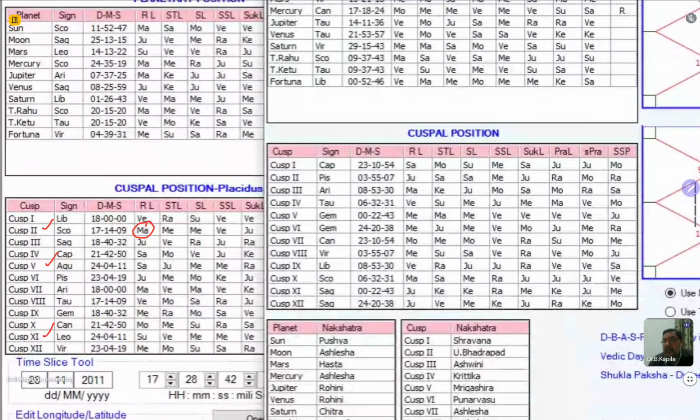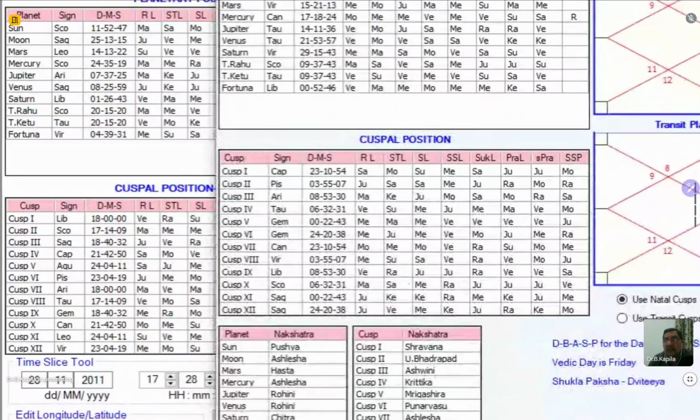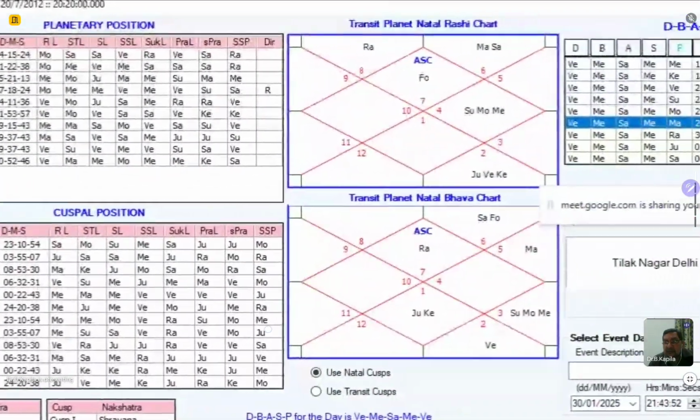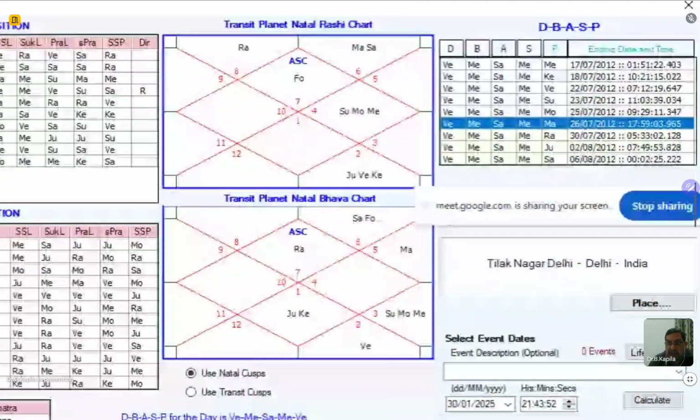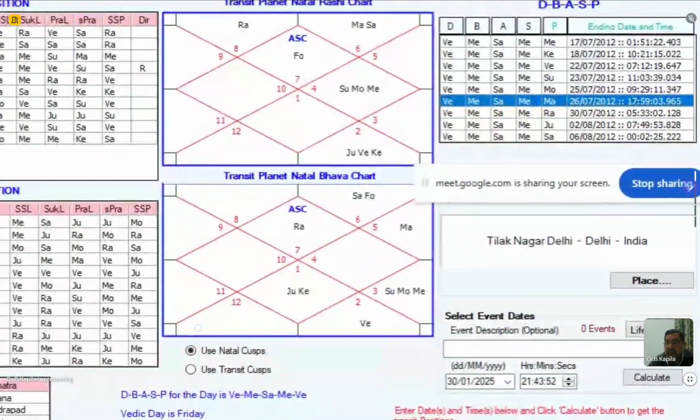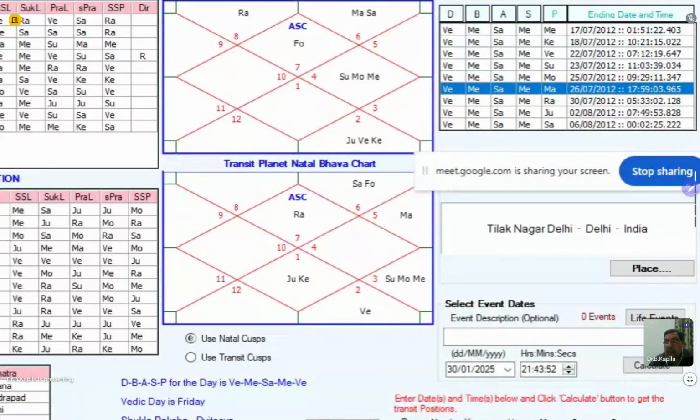So Mars prana will start from which date? 25/7/2012. So I will change the date to 25/7/2012. Time is 9:29. I take it as 9:30.